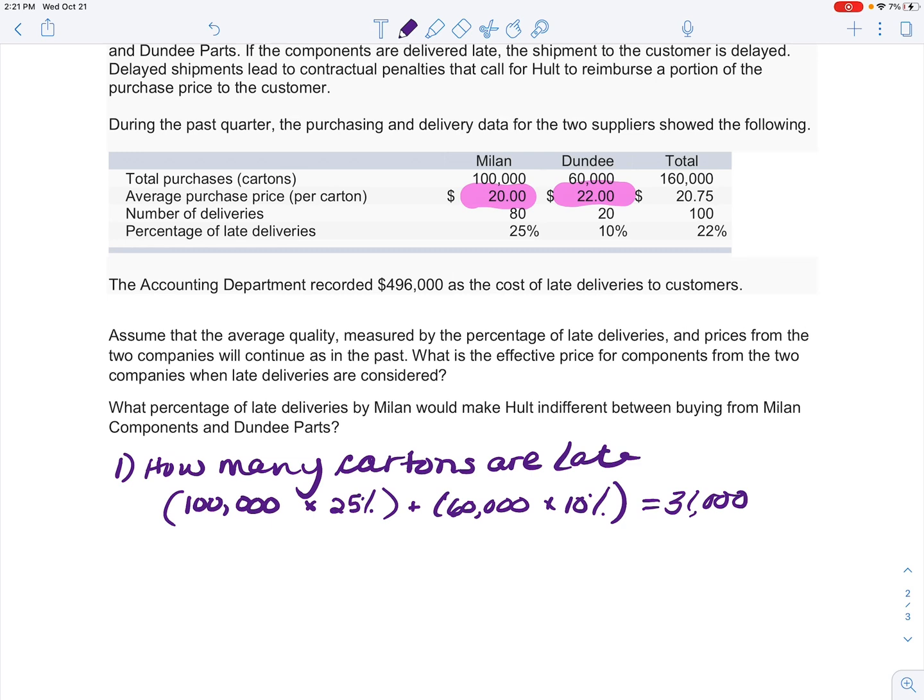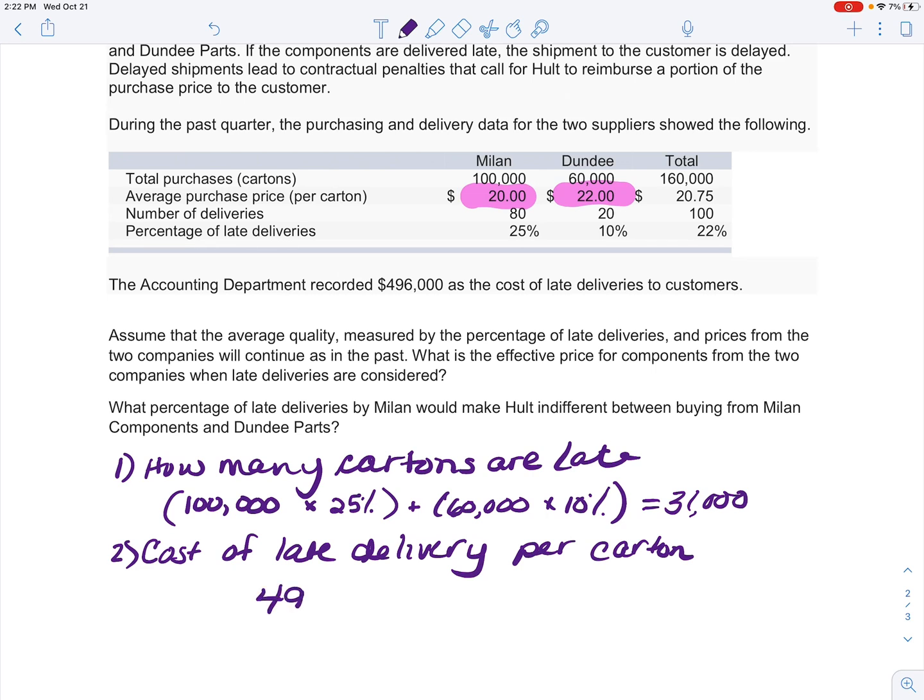Now what we want to do is determine the cost of the late delivery per carton. Because now we know that we have 31,000 cartons that are late.